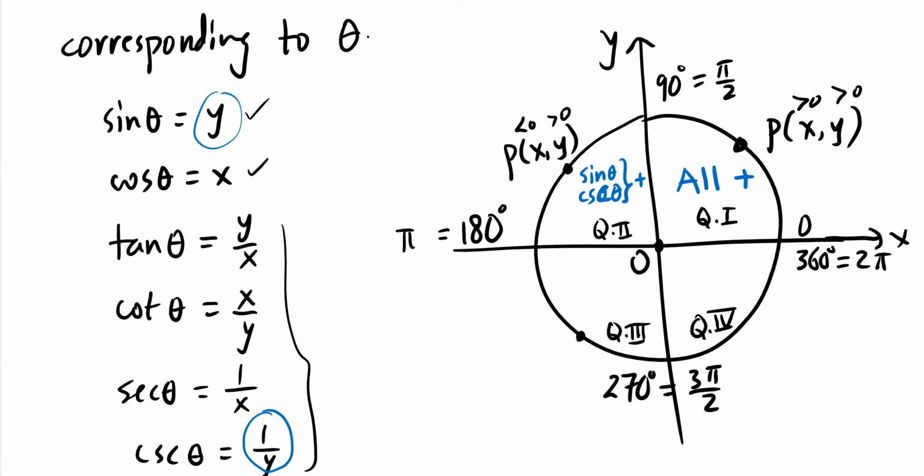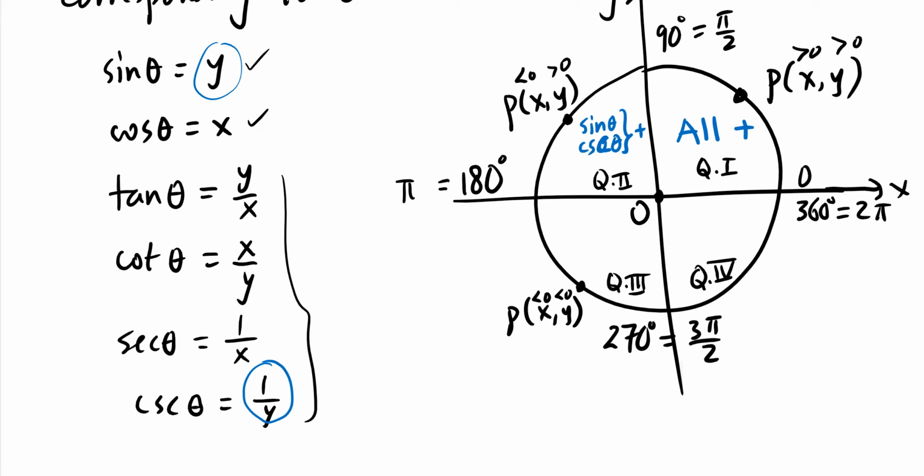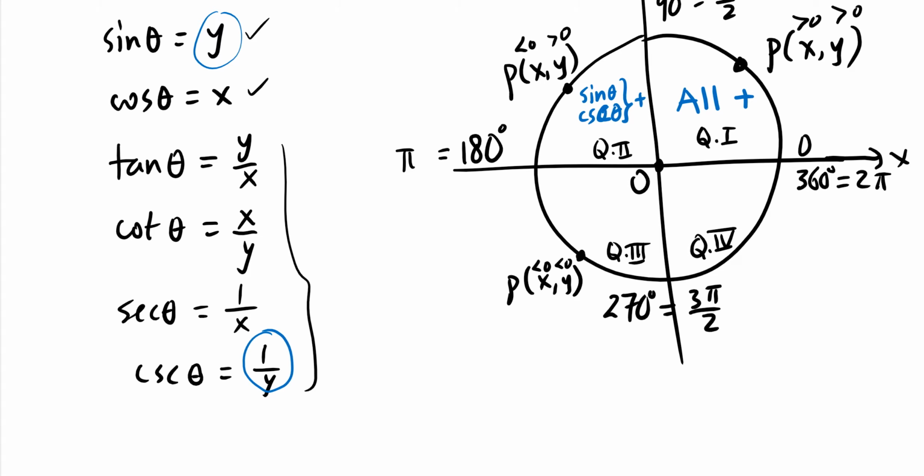Look in the third quadrant, pick a point P here, x, y. In this quadrant, x is negative, y is negative. This means both sine and cosine are negative. But if I have a negative divided by a negative, the division would be positive. In that quadrant, tangent theta is positive, and the same for cotangent. And the rest are negative.